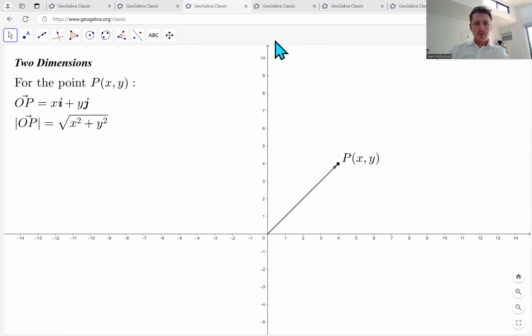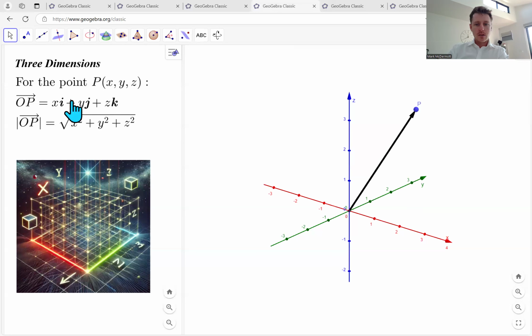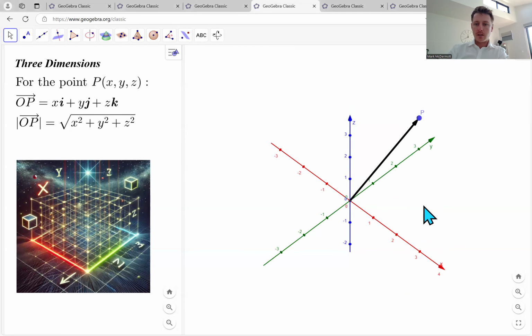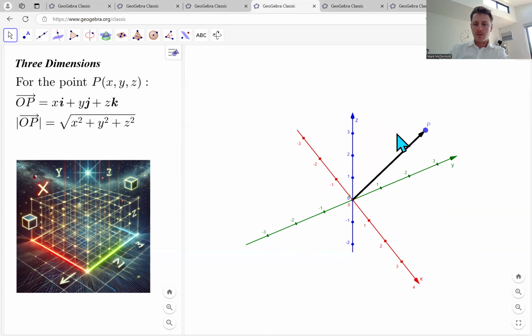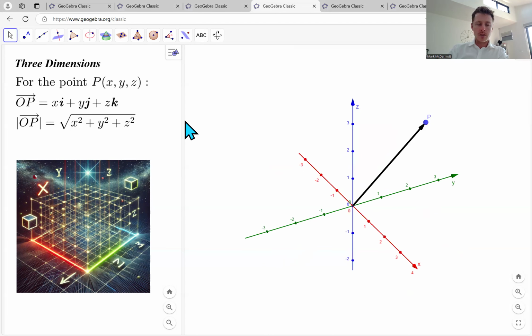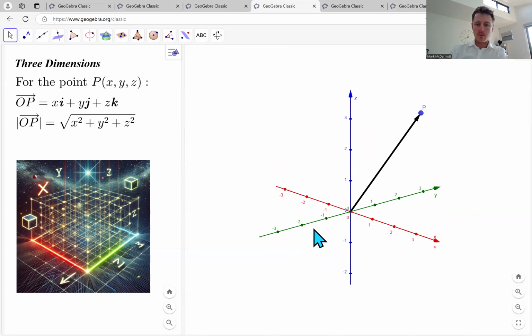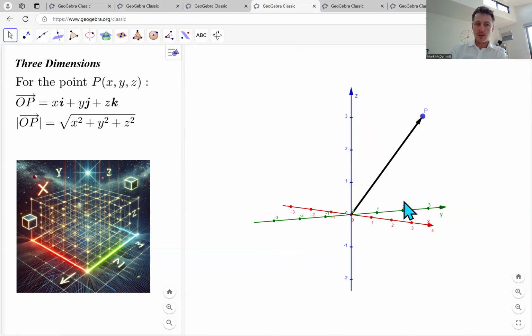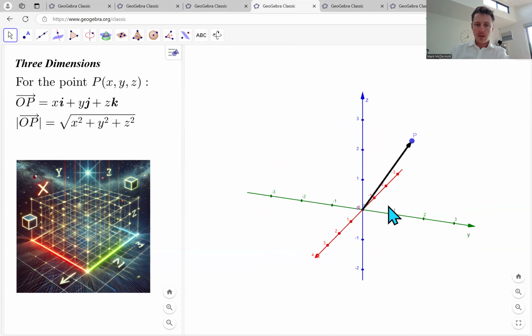If we look at 3 dimensions, all the same rules pretty much apply. So now we've just got some point in space, but it's now defined as x, y, z. You're in 3-dimensional space now. So again, the vector OP is x multiplied by i plus y multiplied by vector j plus z multiplied by vector k.